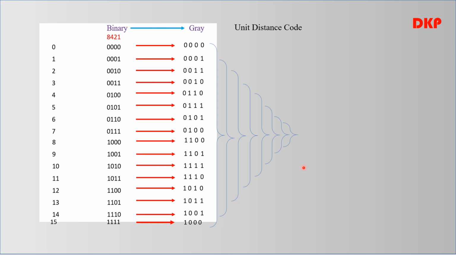You can see that only 1 bit changes, the first bit, and the rest all bits are reflecting. It's the same. Therefore, this gray code is also called as reflective code.